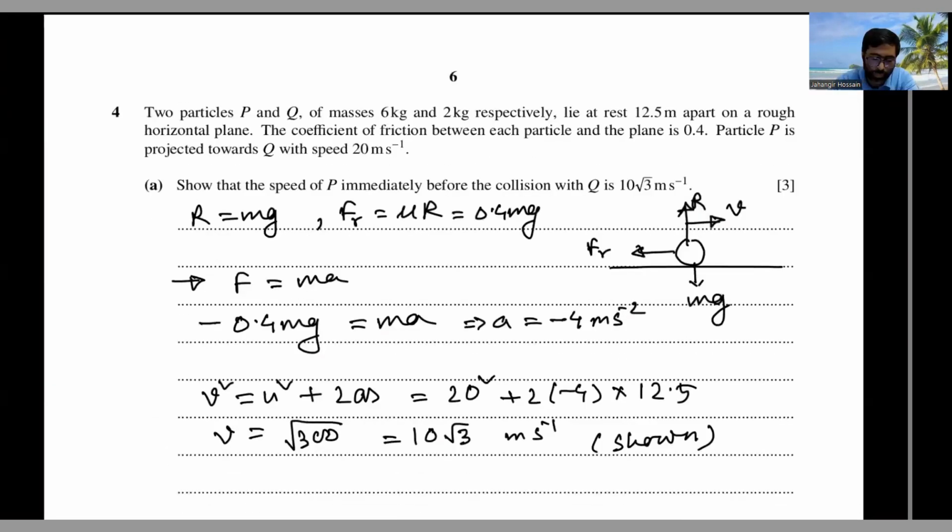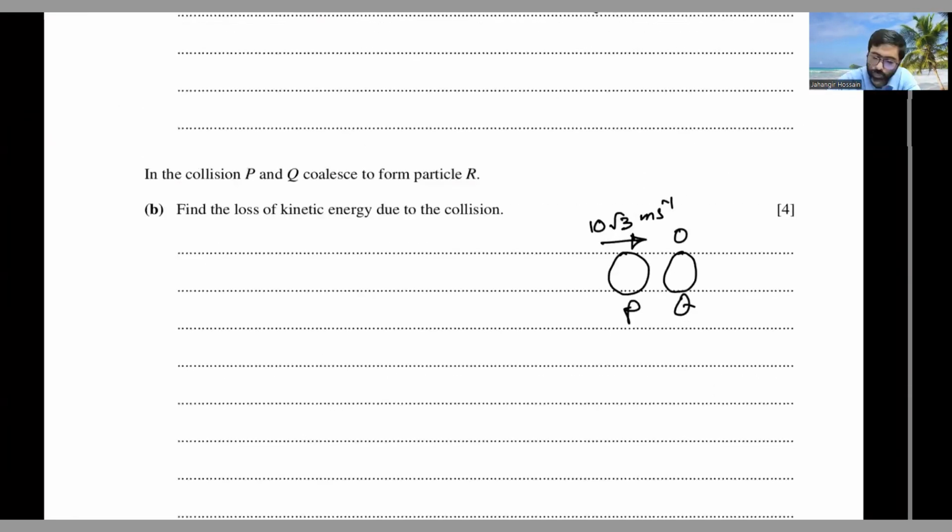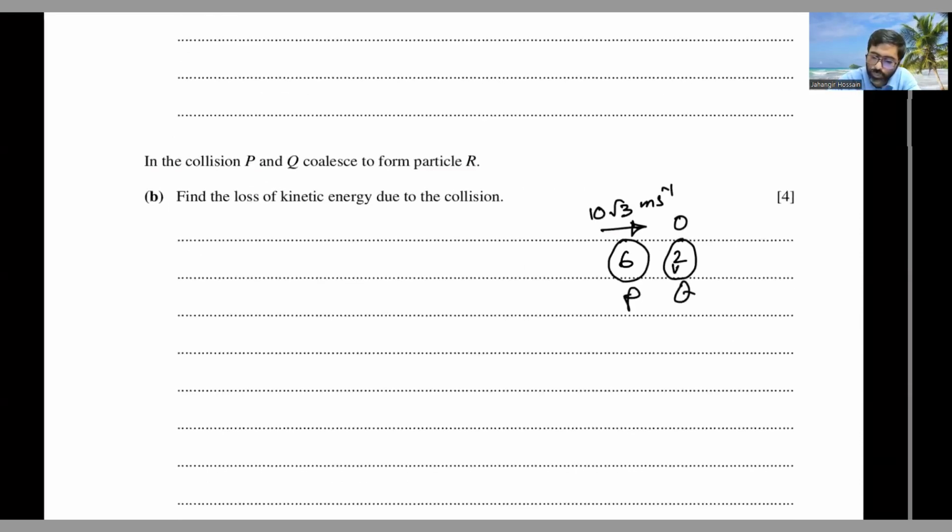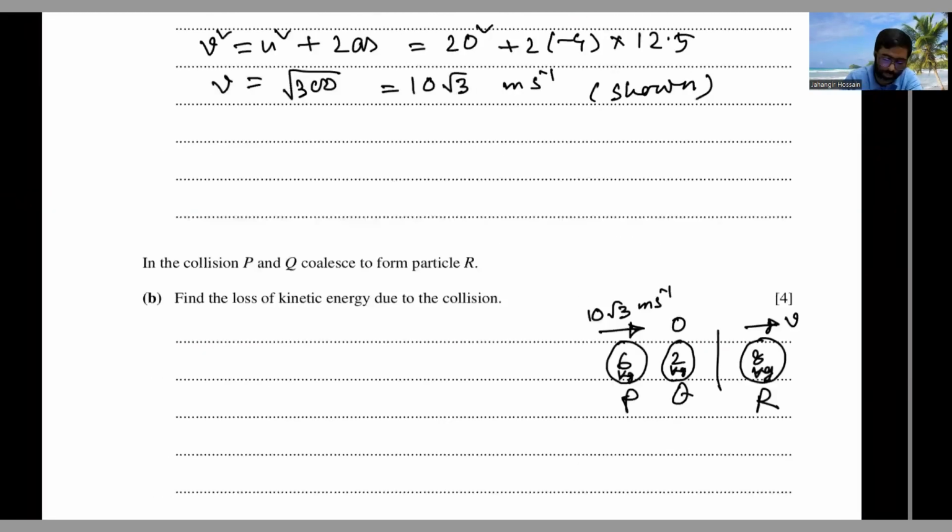Mass of P is 6 kg, mass of Q is 2 kg. After the collision, they form a single particle R. So the mass will be the combined mass, 6 plus 2, 8 kg, and the speed is an unknown V. So let's find V first, then we'll calculate the loss of kinetic energy.